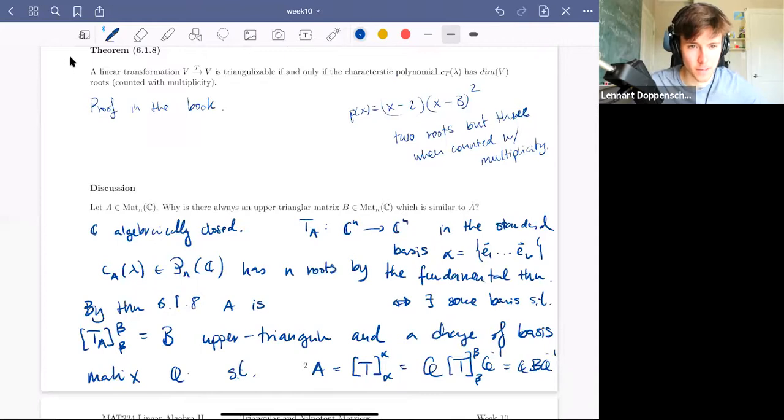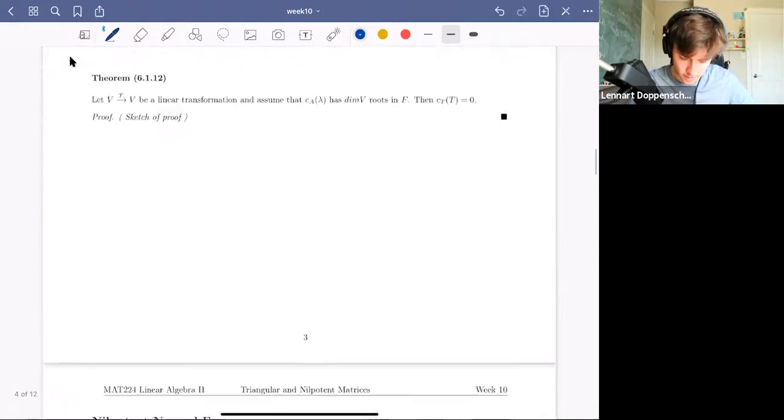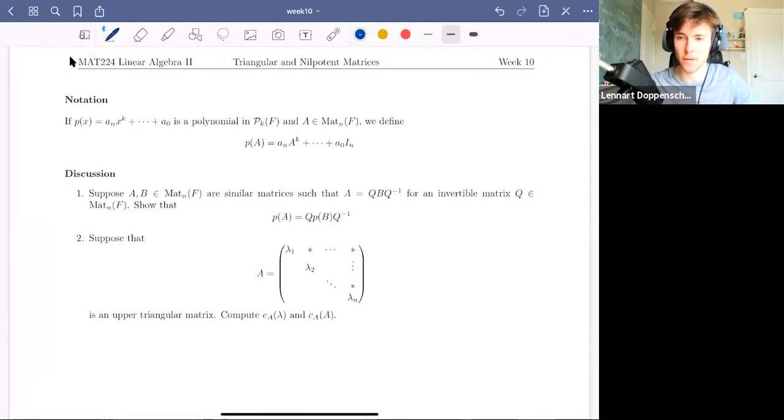Thanks, Aditya. It's the very same spirit as in diagonalizability. So before we take the break, let me introduce this notation discussion, and then we can review this discussion after the break.